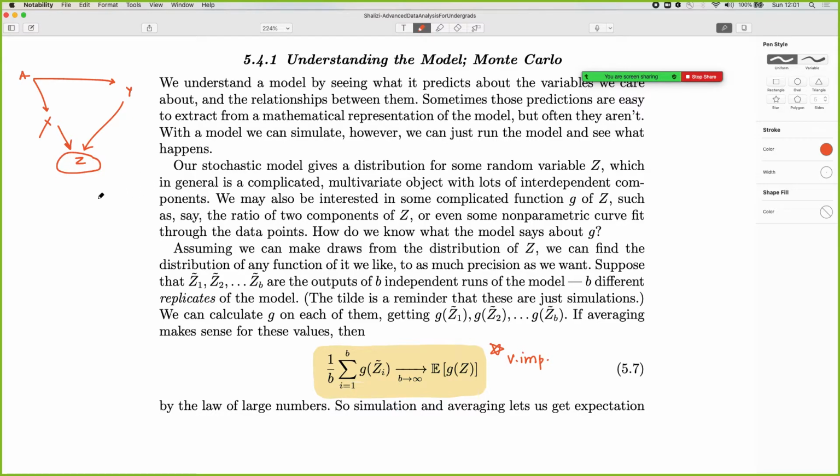What we are interested in is some complicated function g, such as the ratio of two components of z or some non-parametric curve fit through the data points. Anyway, bottom line, we have a complicated distribution for z, and we want to know what the model says about g.